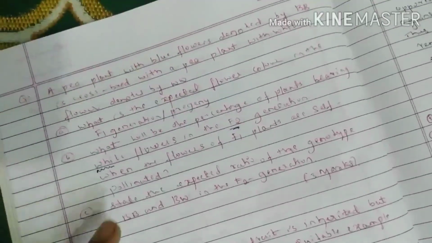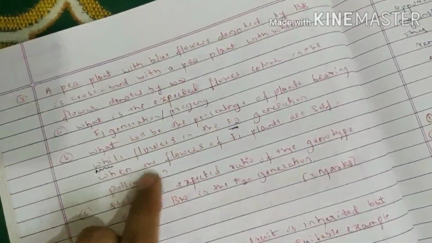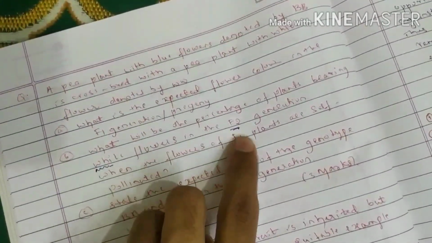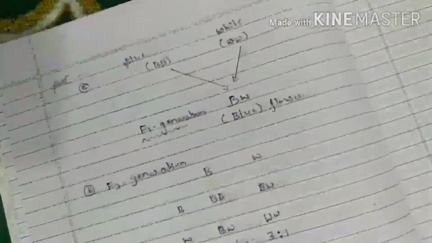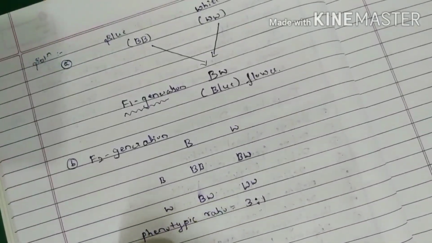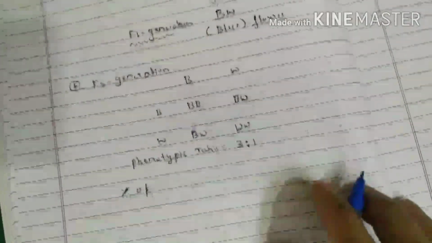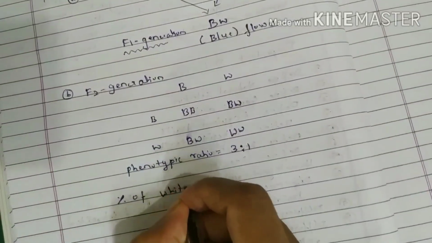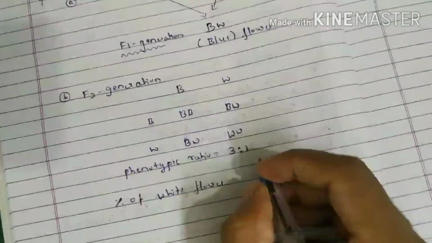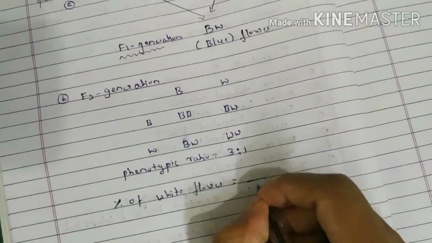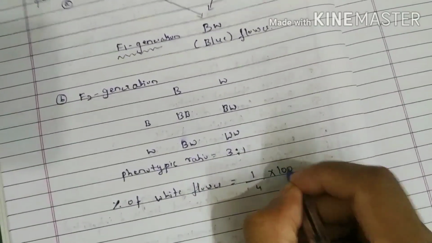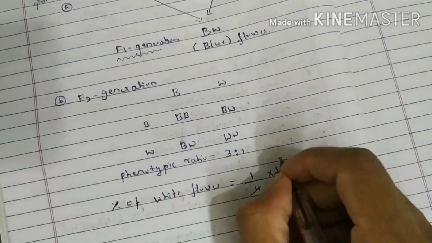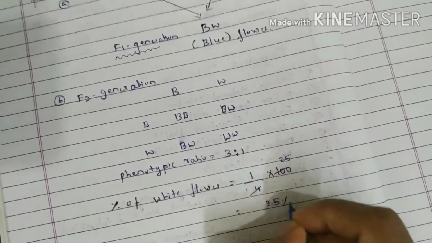So they ask what is the percentage of white flower in the F2 generation. So the percentage of white flower is equal to: total flowers are 4, in which 1 is white, so 1 by 4 into 100, and we get 25. So 25% of white flower.